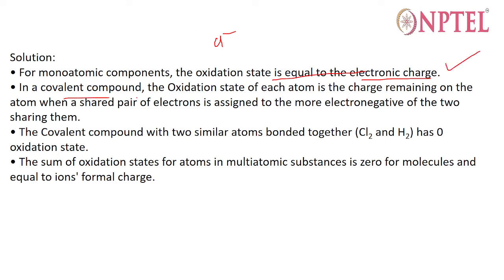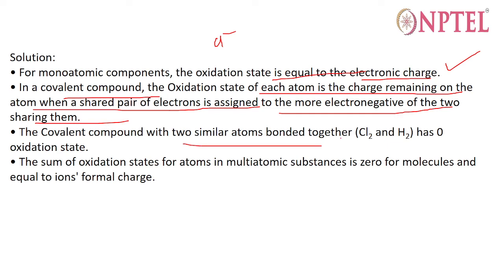Then in a covalent compound, the oxidation state of each atom is the charge remaining on the atom when a shared pair of electrons is assigned to the more electronegative of the two sharing them, right? Then the covalent compound with two similar atoms bonded together has zero oxidation state because they will share the electrons and both will have the same charge.